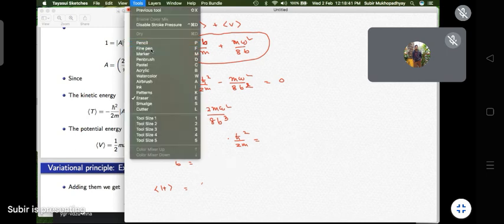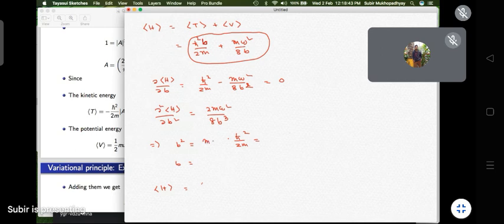M omega square by 8 into h bar square by 2m. And then m cancels out, h bar square omega square by 16. That means h bar omega by 4.